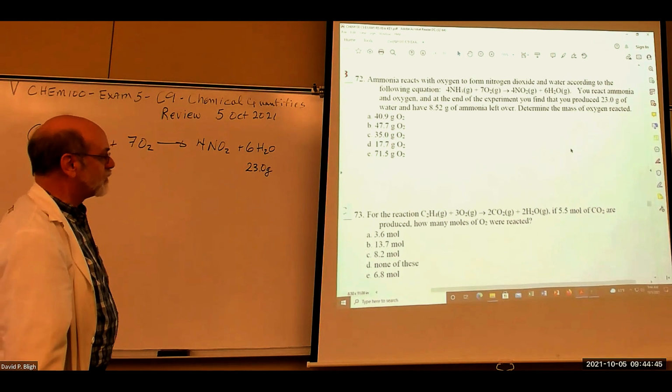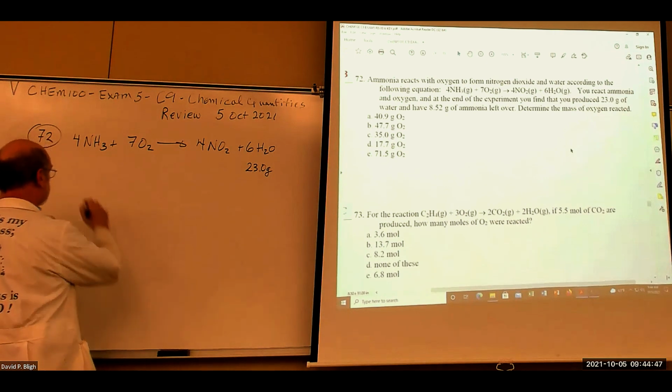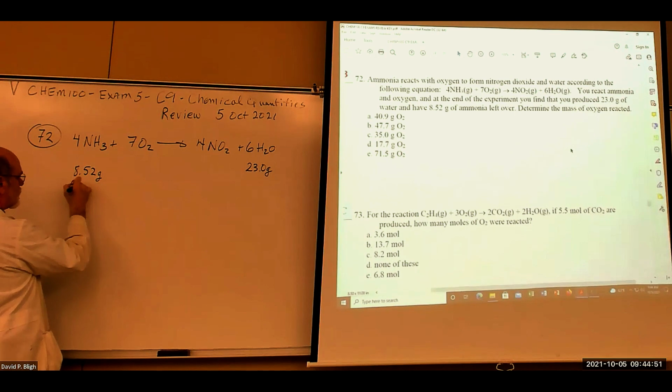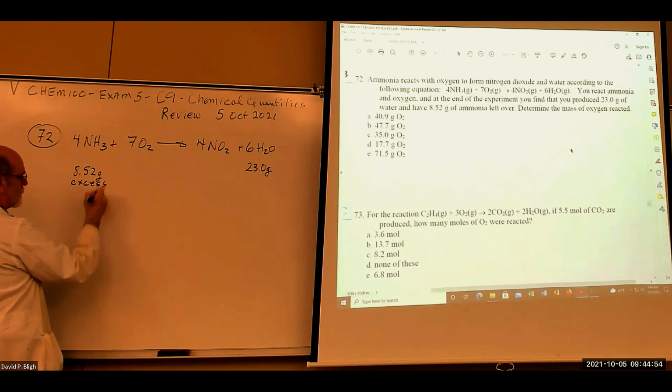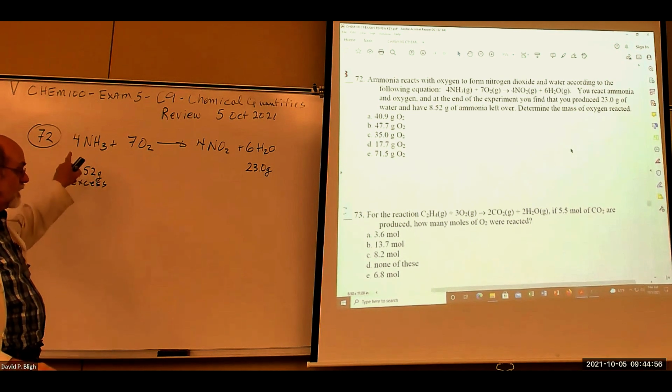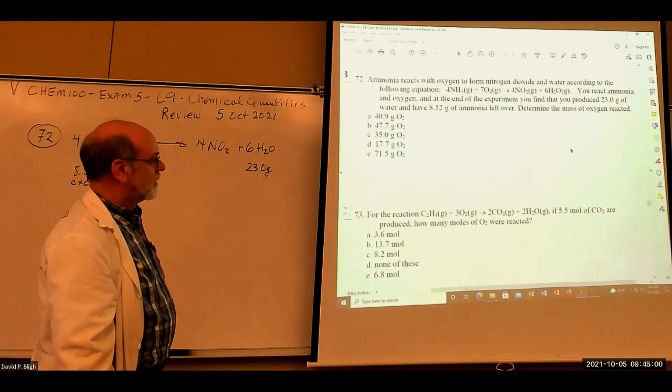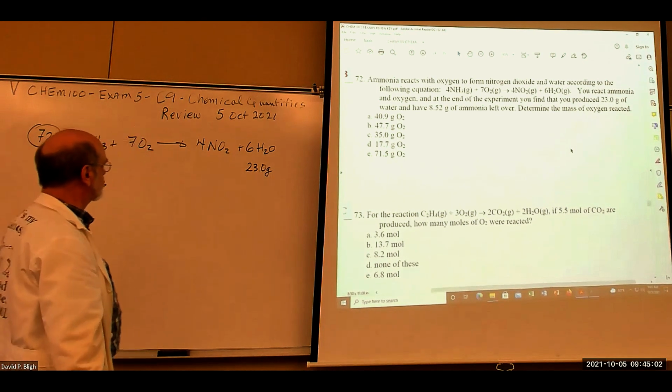And you have 8.52 grams of ammonia left over. 8.52 grams in excess, so we had more than that to begin with to produce this. Determine the mass of oxygen reacted.